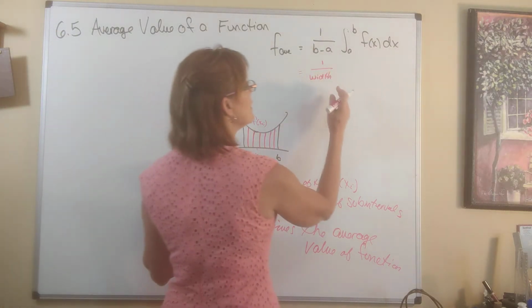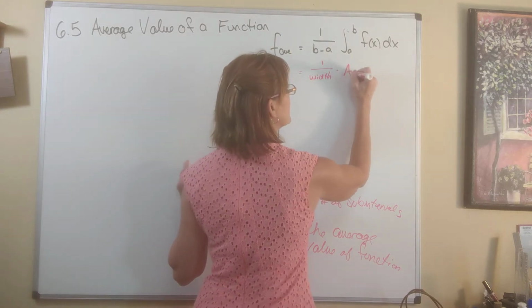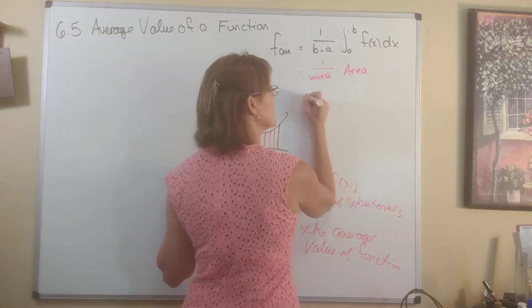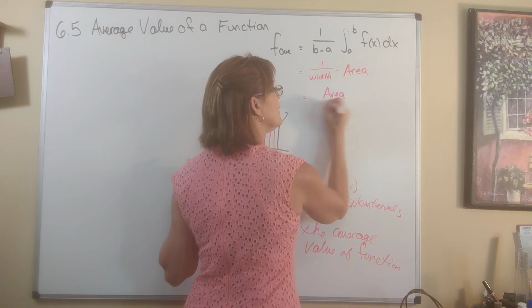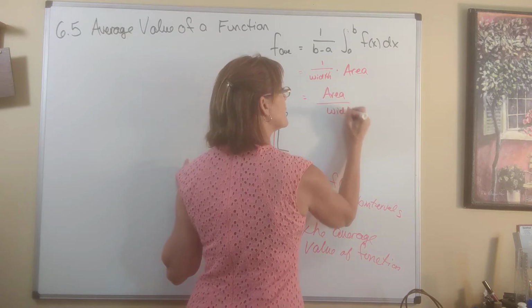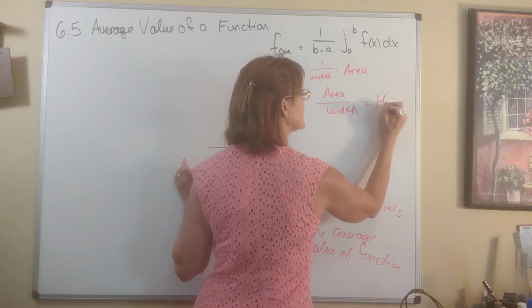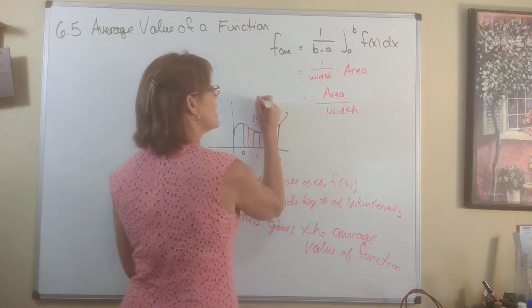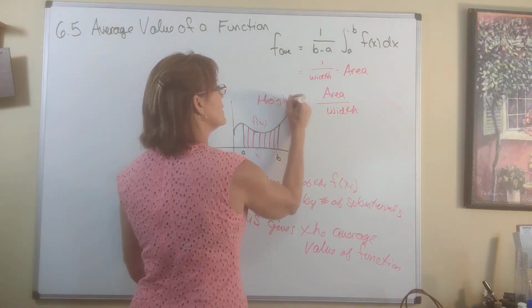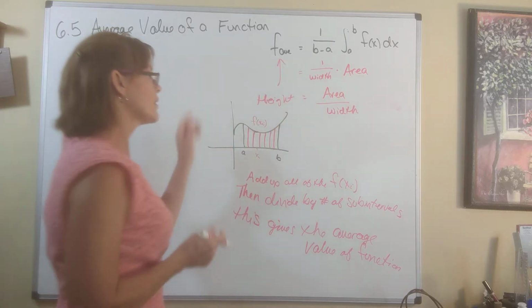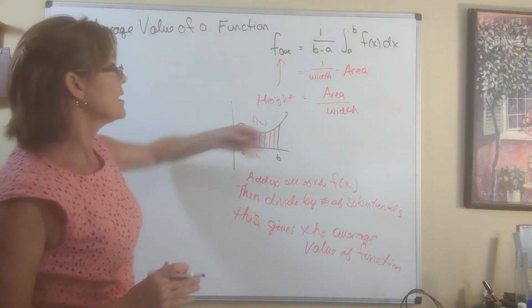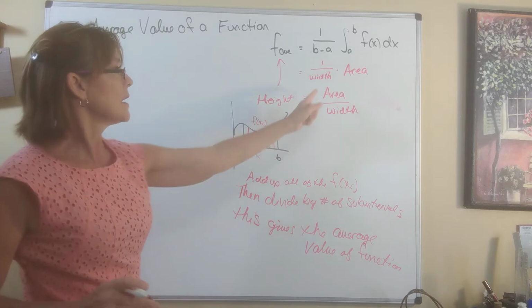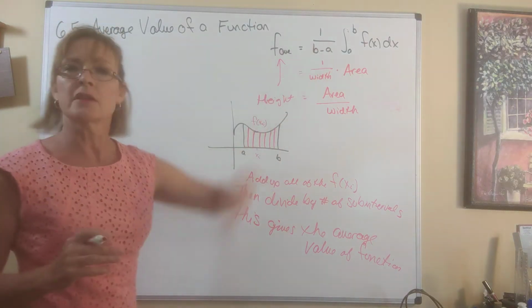So if we take 1 over the width times the area, or basically the area divided by the width, what does that give us? That gives us the height. So the average value of the curve is basically the average height of the curve, the area divided by the width. So that's a way to think of this formula.